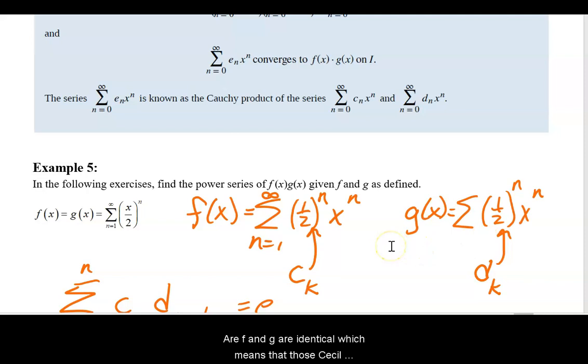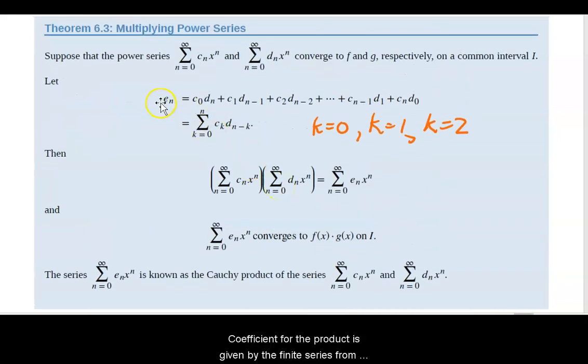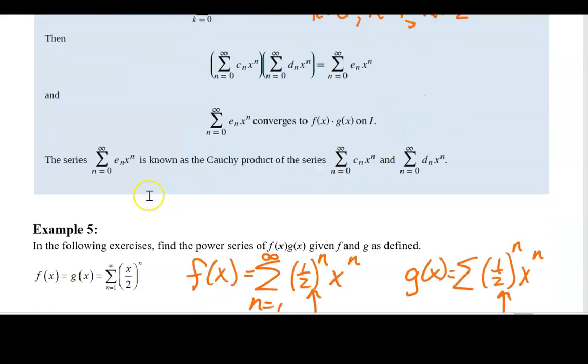Our f and g are identical, which means that both c sub k and d sub k are 1/2 to the nth power. Those are the coefficients to each of the original power series. In the formula up above, the coefficient for the product is given by the finite series from 0 to n of c sub k d sub n minus k.